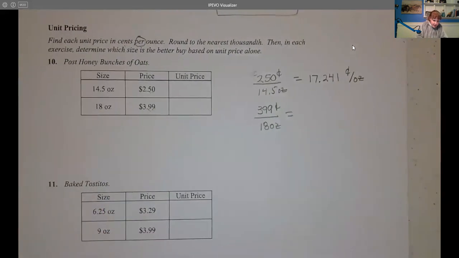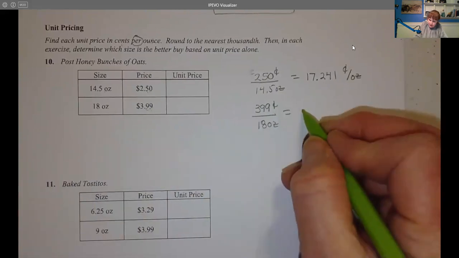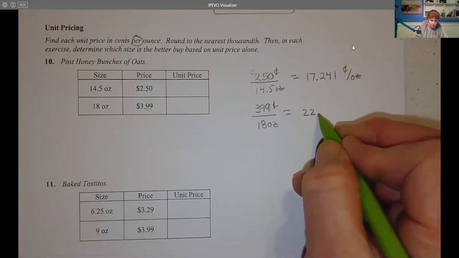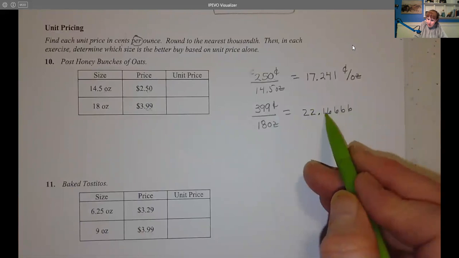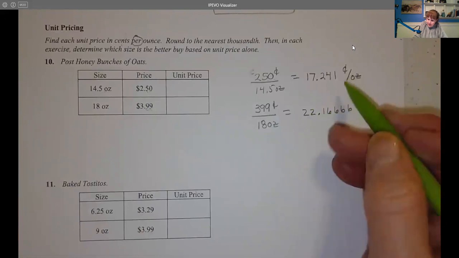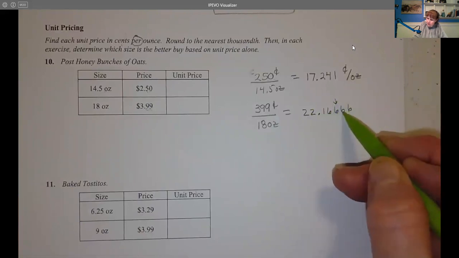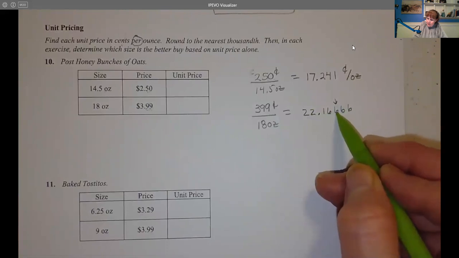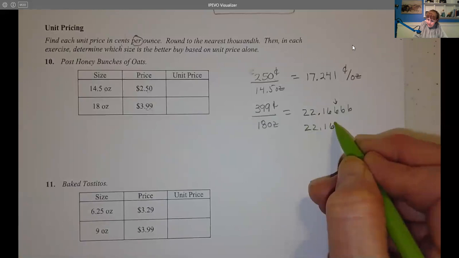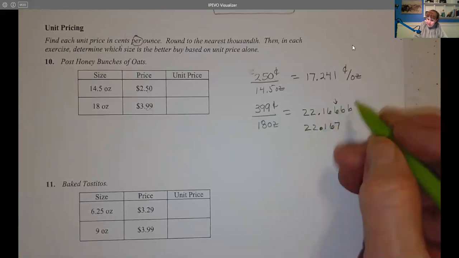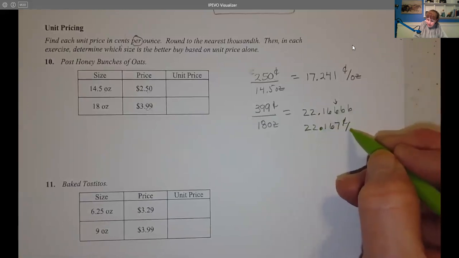And so we take $3.99 divided by 18. We get 22 point, and this is 166. Okay. Tenths, hundredths, thousandths. We look to the right, so we're going to increase that one to a 7. And this would be cents per ounce.